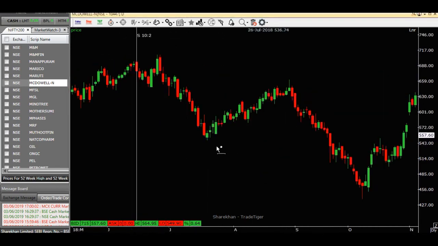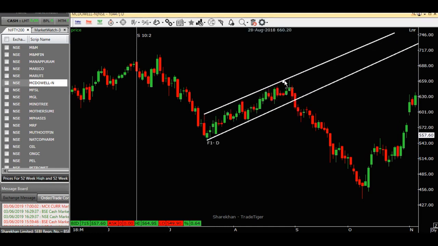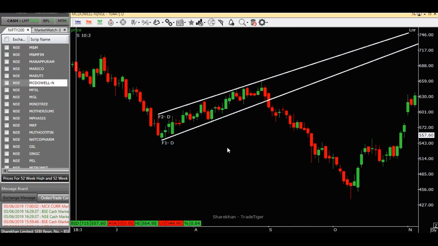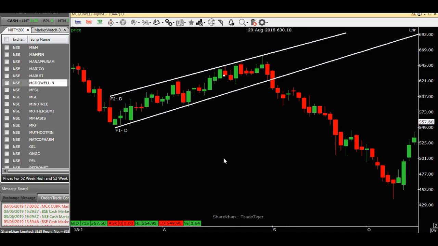Let's look at one last example here. So this is McDowell daily time frame. We can see how price started to form this rising channel and how beautifully it was just trading inside of it, right?